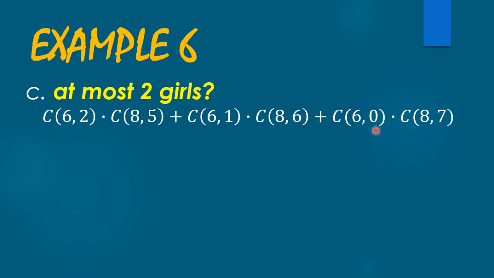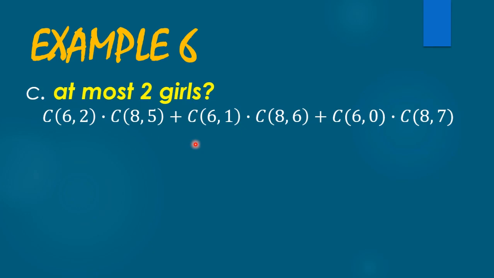And if we're not going to select any girl, then there will be 7 boys. And then again, we have to use plus because it's either we use 2 girls or 1 girl, or we don't select any girl. So that's why we need to add the combinations.